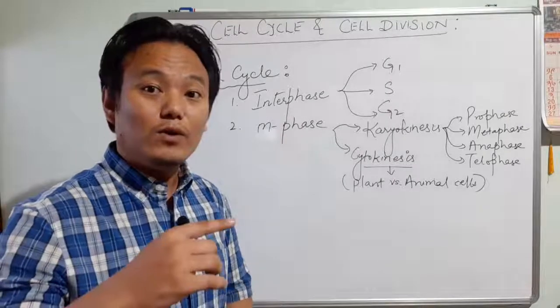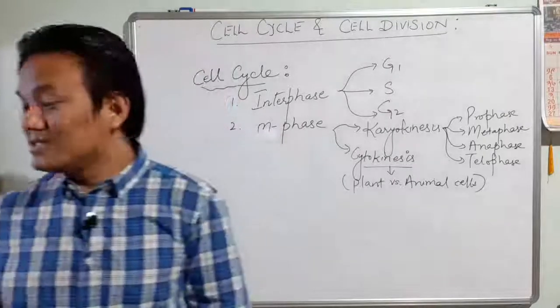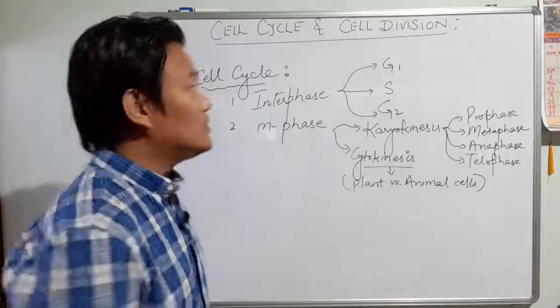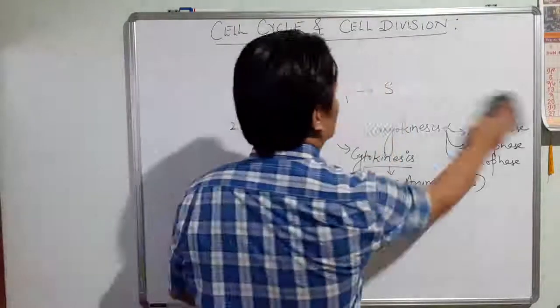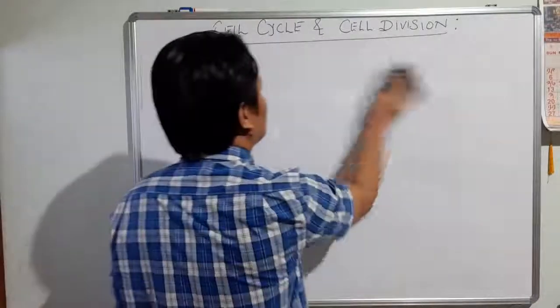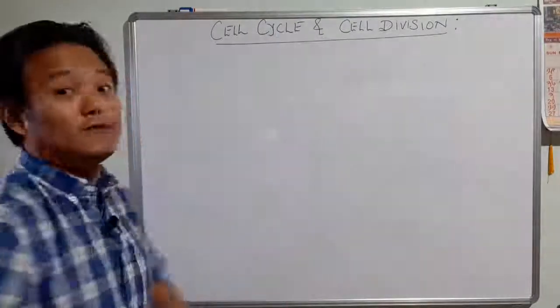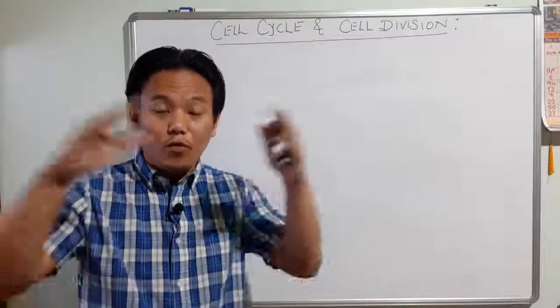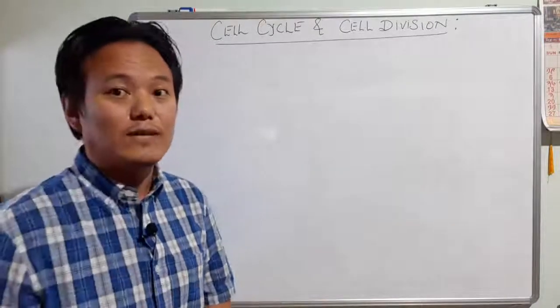Okay, now in this video we are going to see the differences between two different types of cell division. We will try to see the overall differences between the two different types of cell division.